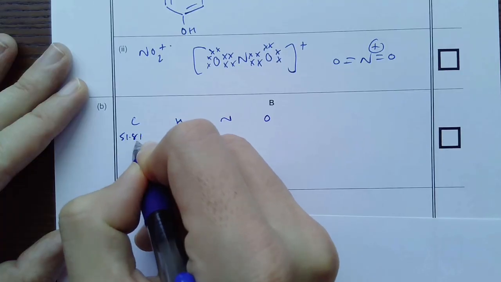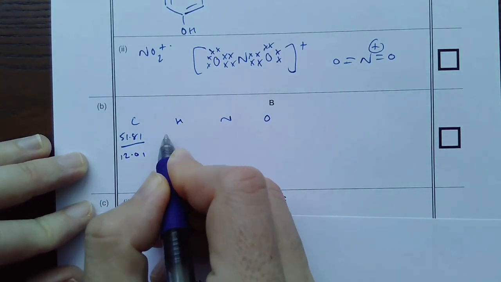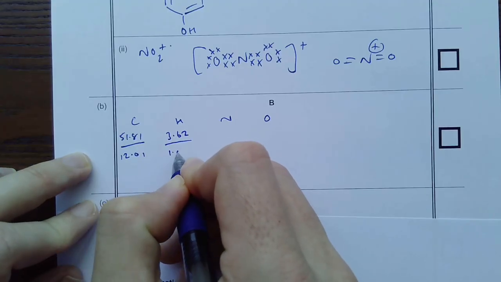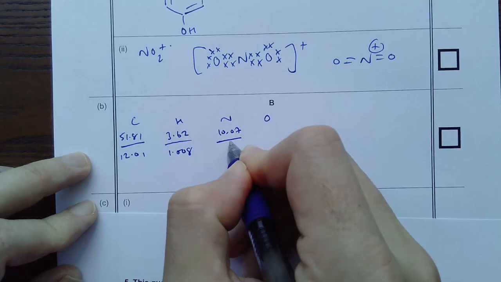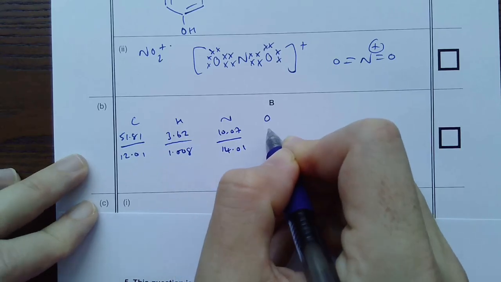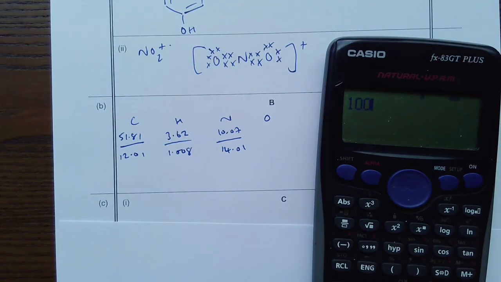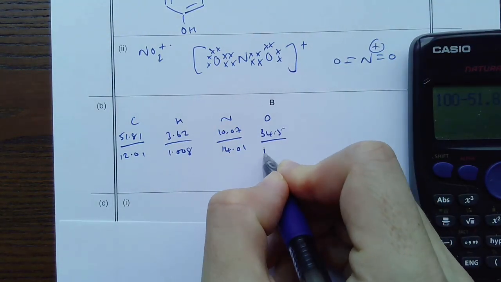So I'm going to have my carbon, my hydrogen, my nitrogen, and my oxygen. So 51.81 divided by 12.01. My hydrogen is 3.62 divided by 1.008. Nitrogen is 10.07 divided by 14.01, and then my oxygen is everything that's left over. So it's going to be 100, take 51.81, take 3.62, take 10.07, leaving me with 34.5 divided by 16.00.